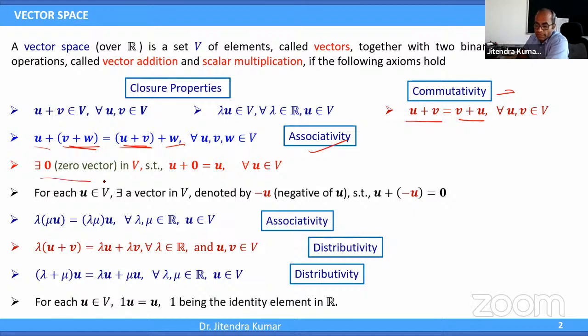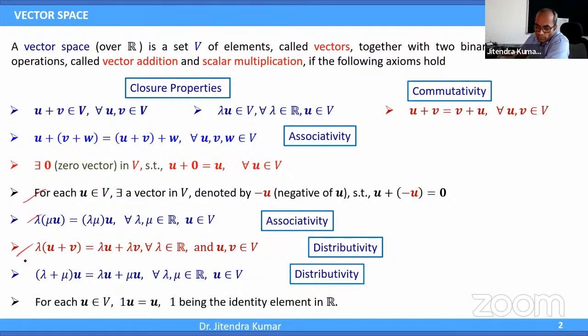There should be a zero vector in V. The property is that if you add this zero vector, with the defined vector addition, to a vector, nothing should change. So this is called the zero vector.